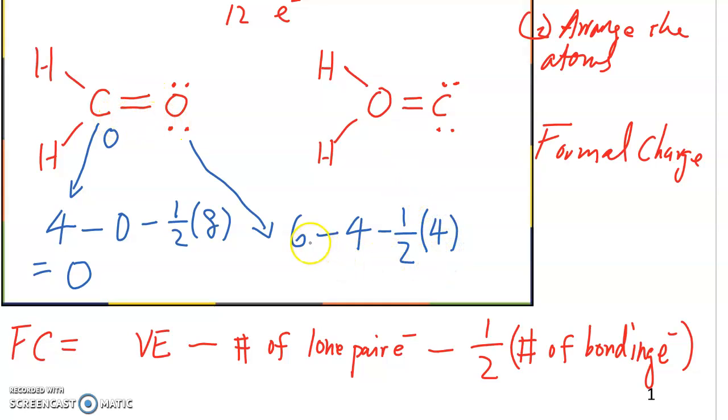So what I can see is 6 minus 4 minus 2, that is equal to 0. Therefore, the formal charge for the oxygen over here is 0. Let's do the same thing for the other Lewis structure.